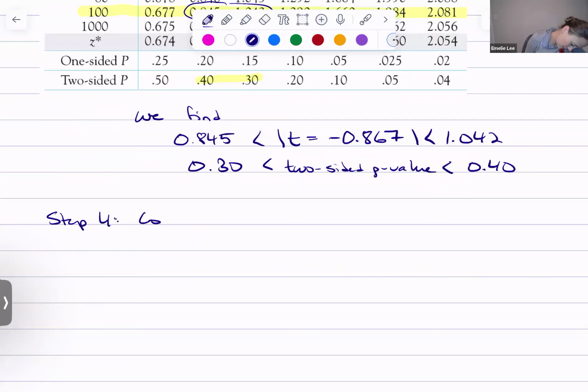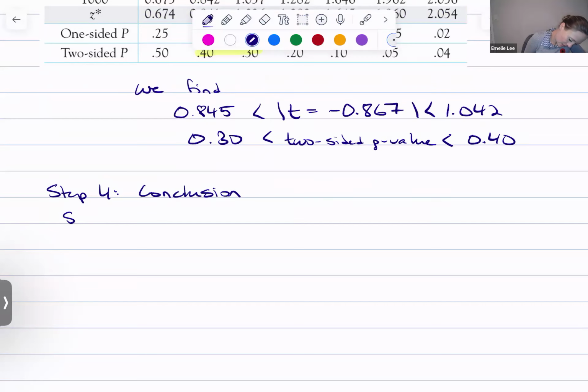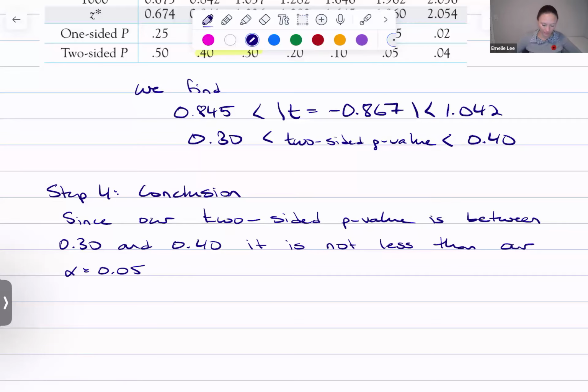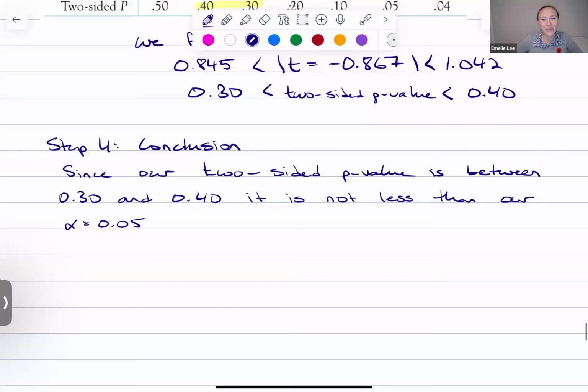Step 4, conclusion. Since our two-sided p-value is between 0.30 and 0.40, it is not less than our alpha equal to 0.05. We were told to use an alpha level of 0.05, which means we do not have enough evidence to reject H naught.